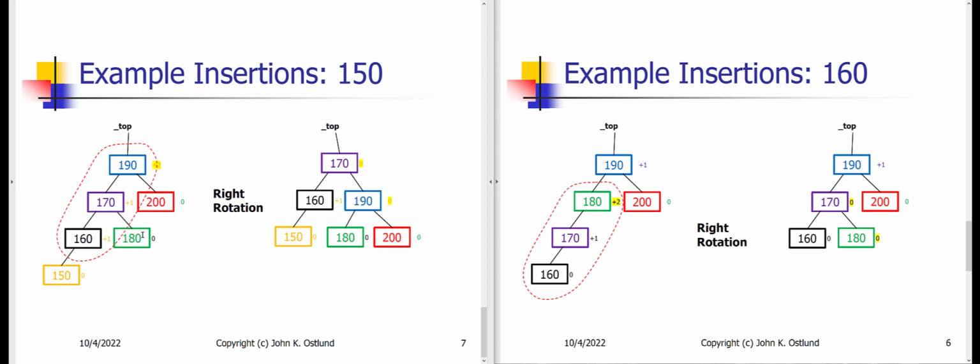So it goes from being the right child of 170, because it's greater than 170, to being the left child of 190, because of course it's less than 190. The only balance factors that get changed in here are that the 190 gets reduced by 2 and the 170 gets reduced by 1. This is pretty well balanced, but at the 160 node, we are slightly left heavy. Okay. And so on.